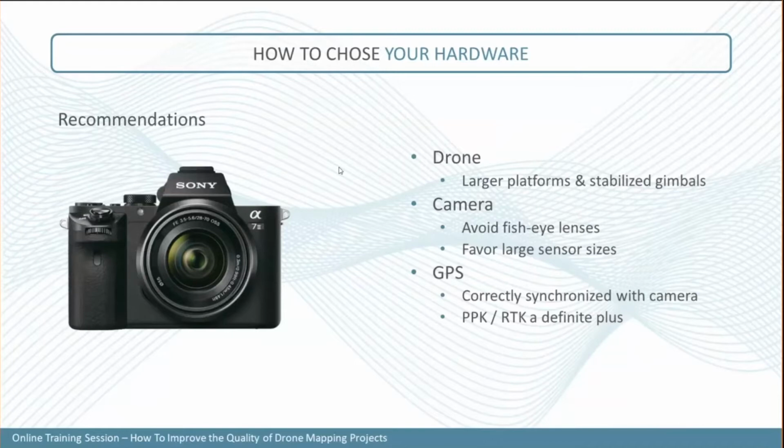So you want either a fixed wing or a quadcopter that's quite big. You also want a gimbal for the camera, so the camera is really stable throughout the whole project.